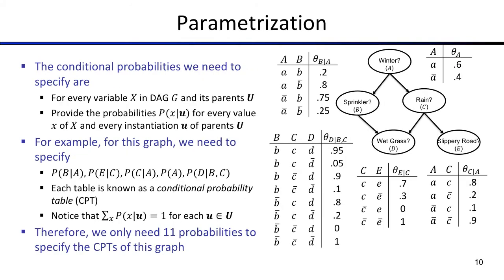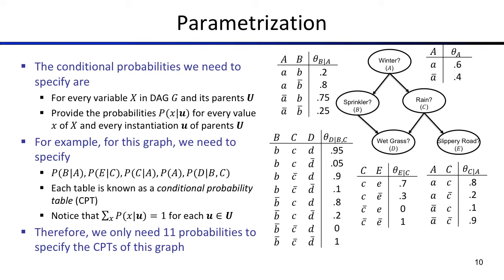Great, so the second part of the Bayesian network specification is the parametrization. Now we're going to quantify the strength of the causation between the variables, or the strength of the dependence between the variables. So the parameterization is very simple. It's basically one conditional probability table per node. And this conditional probability table will include the variable in the node conditioned on its parent.